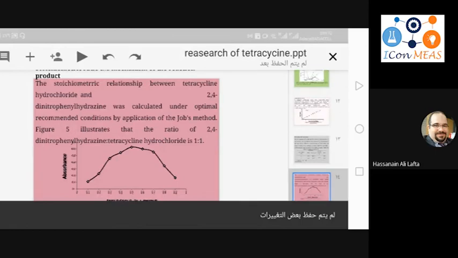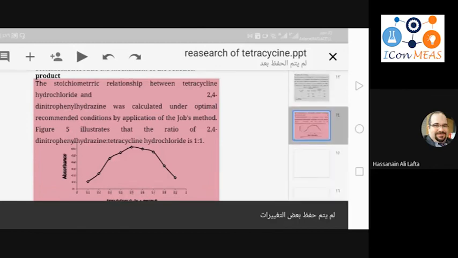Stoichiometry. The stoichiometric relationship between tetracycline hydrochloride and 2,4-dinitrophenylhydrazine was calculated under the optimal recommended conditions by application of the Job's method.